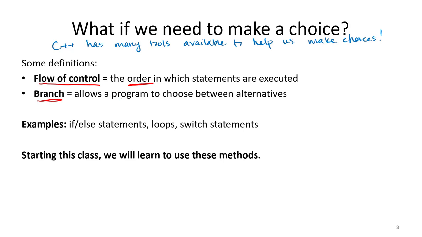A branch allows a program to choose between alternatives. Starting today, we're going to learn about some ways to make choices. Here we're going to talk about if and else statements and switch statements. And next time, we will talk about loops.